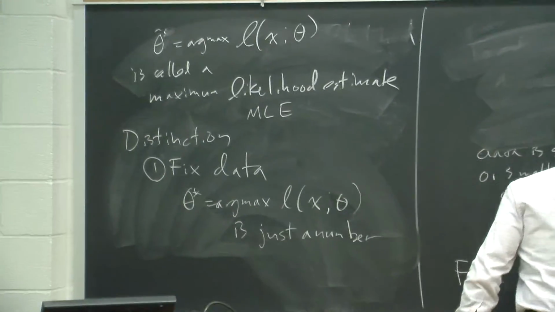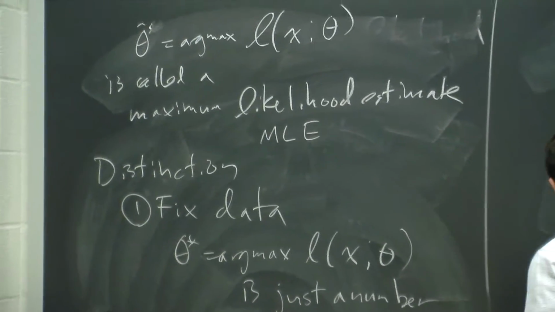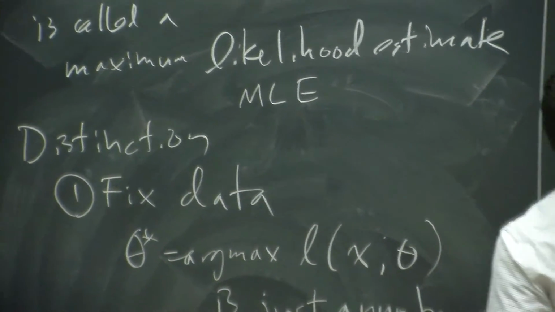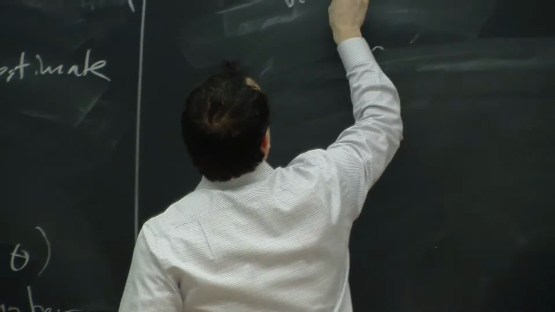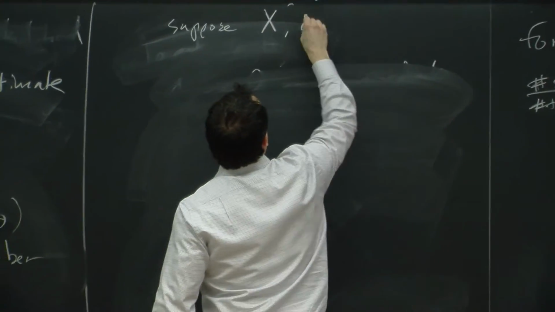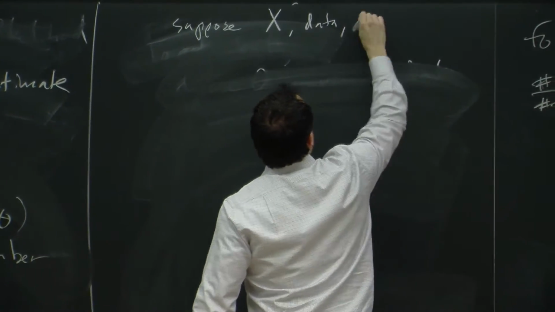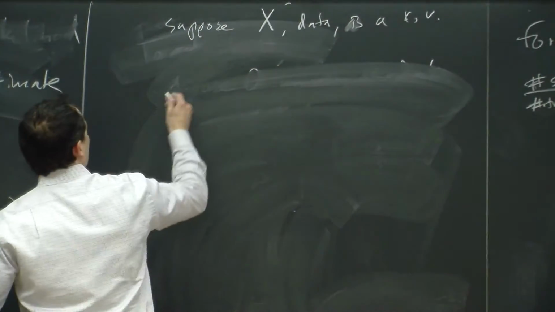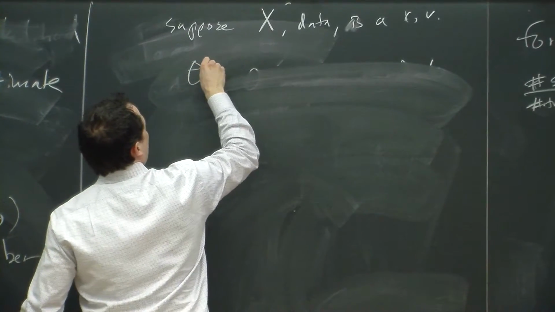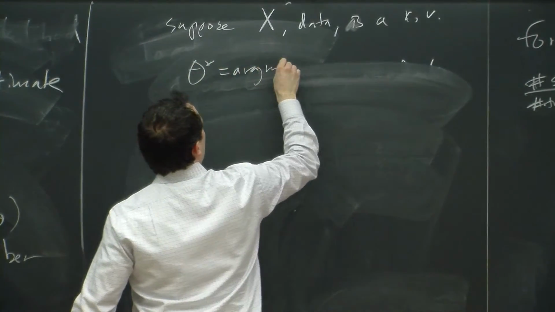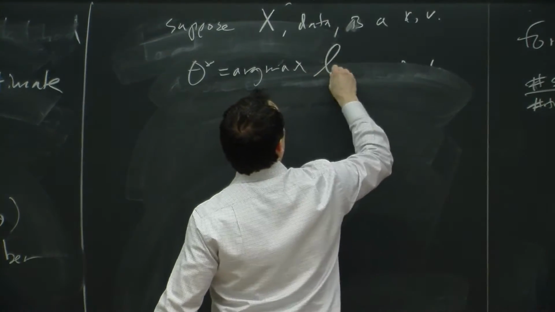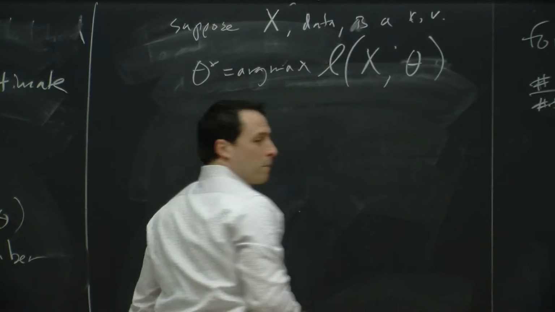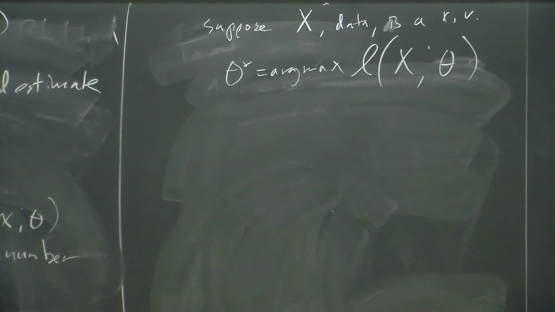Now what about if we let both the data and this parameter vary? Suppose that we treat x, the data, as a random variable. And we say theta star is the thing which maximizes the log likelihood of this random variable and theta. So what is theta star now?